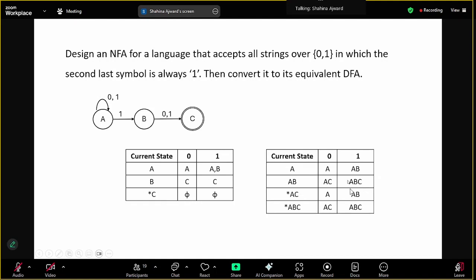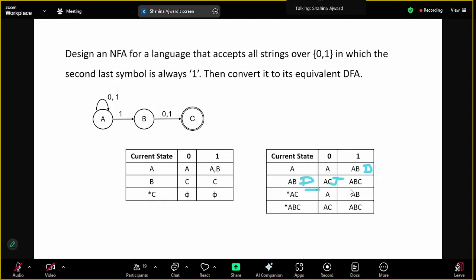If you want, you can say this is D, so you write D here as well. Then for AC, you can say it as F, or let's say J, some numbers or characters.